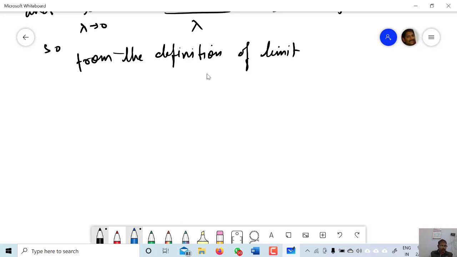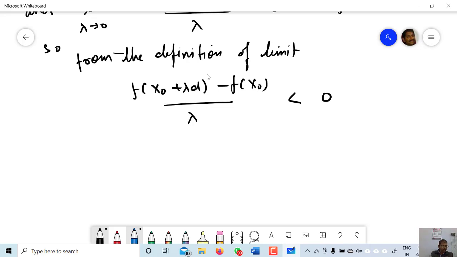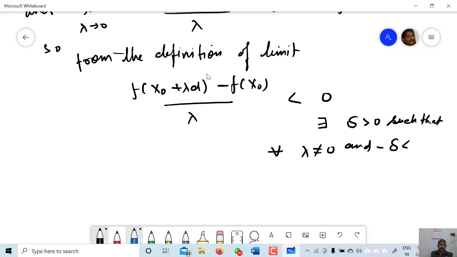We can write that f of x0 plus lambda d minus f of x0 upon lambda should be less than 0, because there exists a delta greater than 0 such that for all lambda which are not equal to 0 and minus delta is less than lambda less than delta.